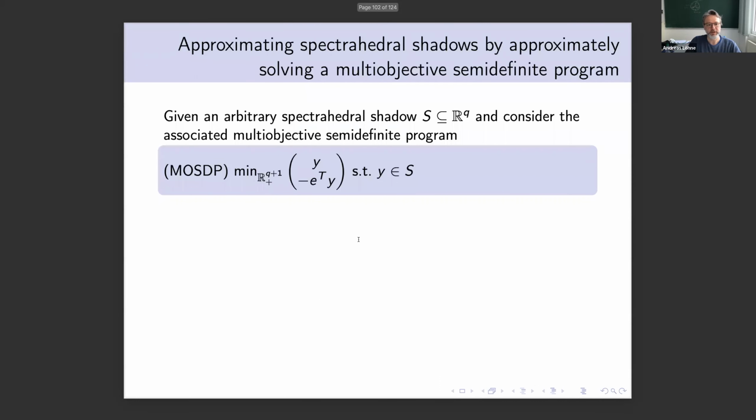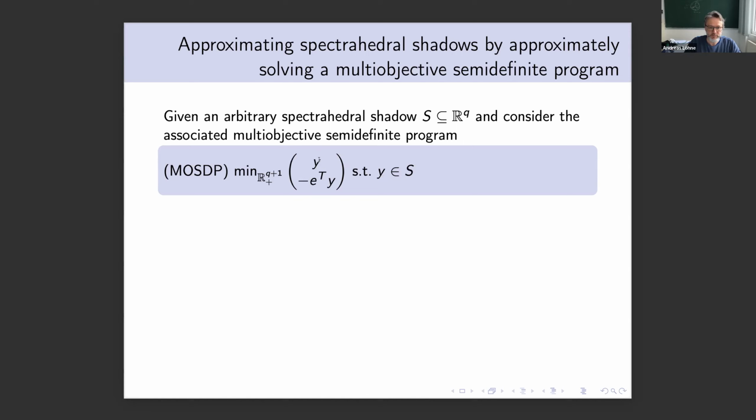And now we can apply the same idea. We are given an arbitrary spectrahedral shadow and consider the associated multiple objective semidefinite program. It's the same idea as in the polyhedral case, but just a simplified notation, because in this term spectrahedral shadow here, a lot of inequalities and additional variables are hidden.